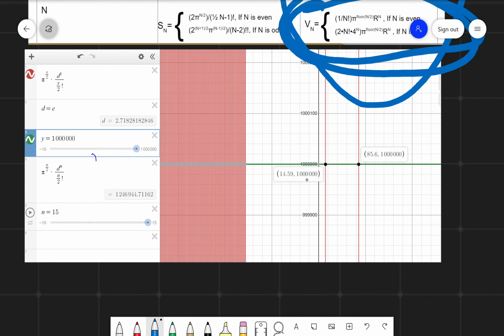But 14.59 dimensions isn't that cool. It's kind of weird having those fractal dimensions and all that. So I'm just going to deal with 15, since that's how we get a bigger number over a million. And when you plug in 15, we get this bad boy, my favorite number over a million.